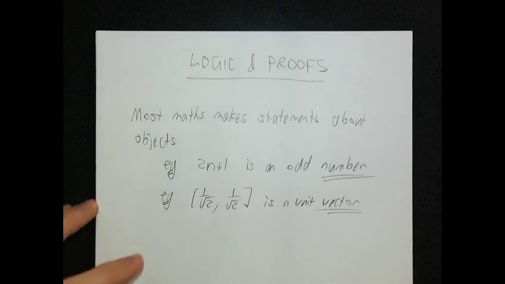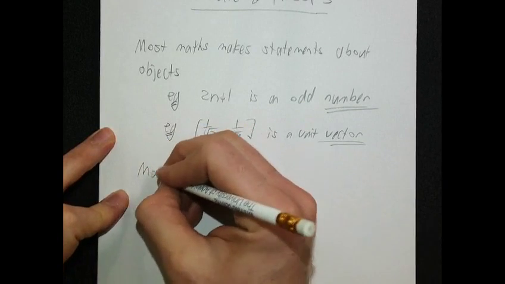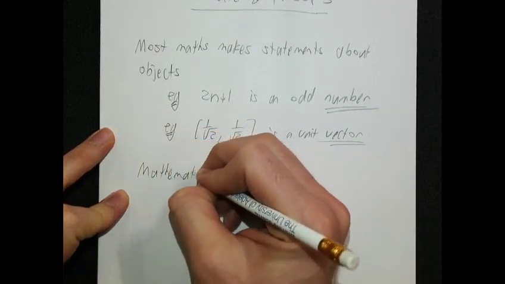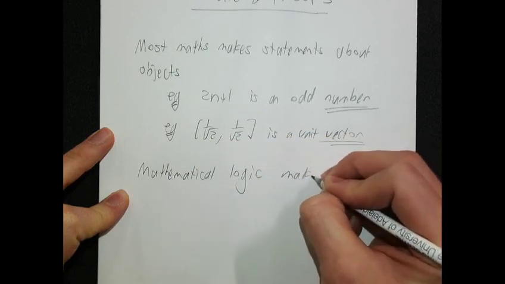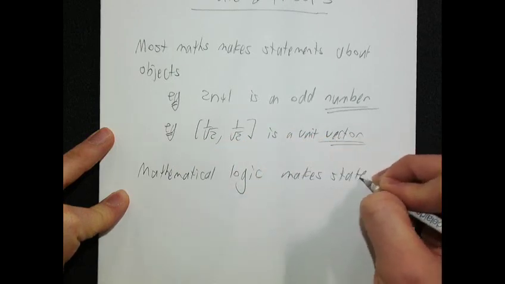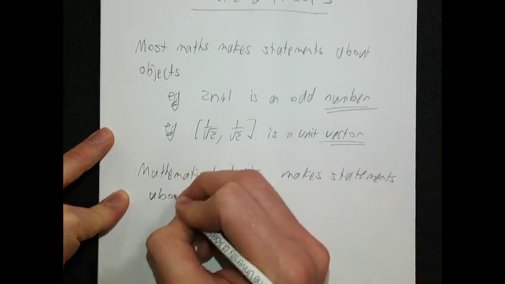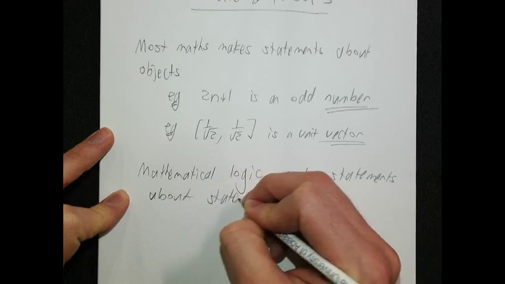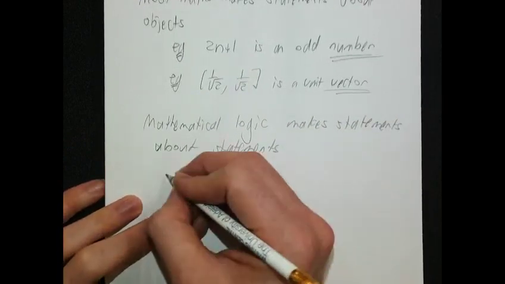So that's what makes it so difficult to talk about. It makes statements about statements. Okay, so it's a meta kind of maths.